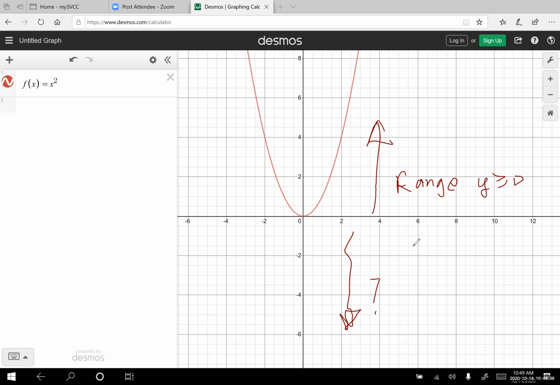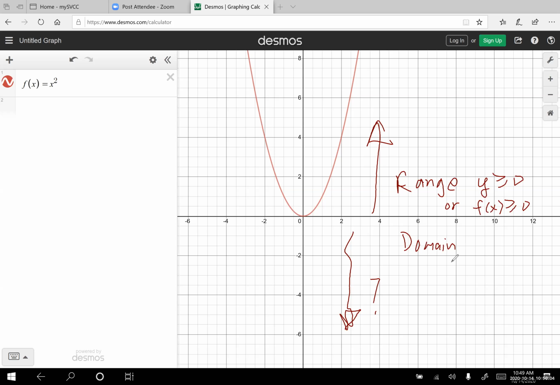Now the domain, on the other hand, I can plug any of these x values in for this particular function. And this range could also be written this way. I don't know what notation you've been using, but those are equivalent notations. For the domain, I can plug any x value in and get a y value back out, a range value.